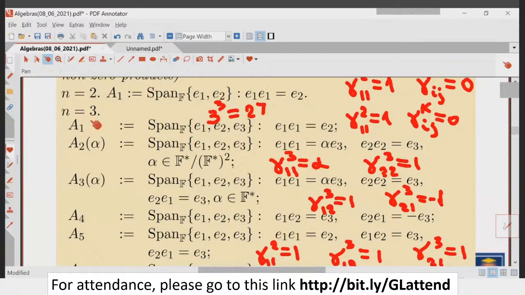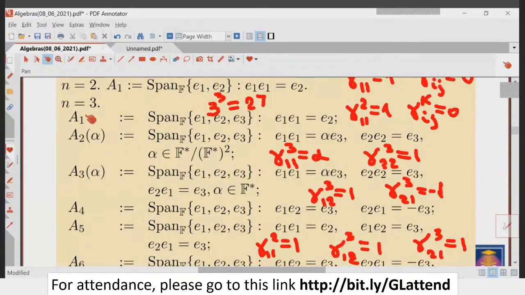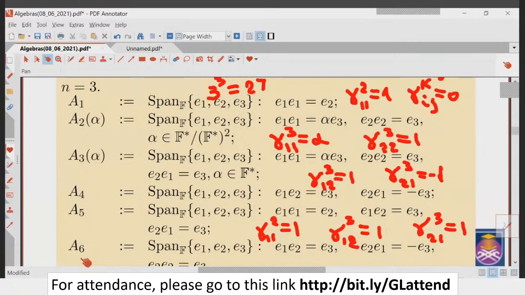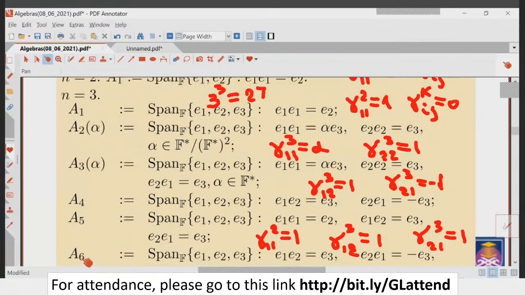In dimension 3, 1, 2, 3, 4, 5, 6 non-trivial associative algebra classes, of course. But here, due to this alpha, you have infinitely many here and infinitely many here, if F is an infinite field.